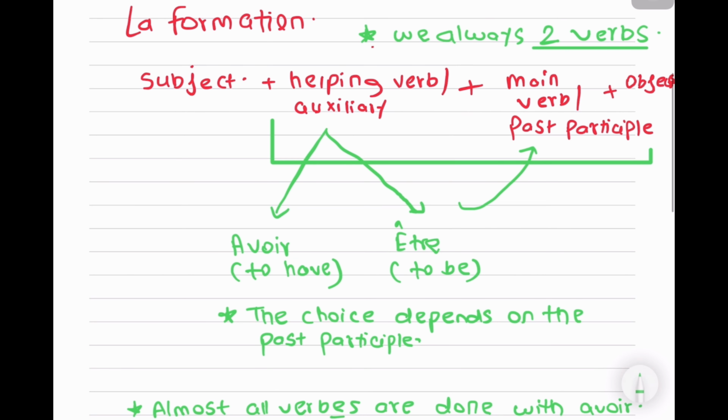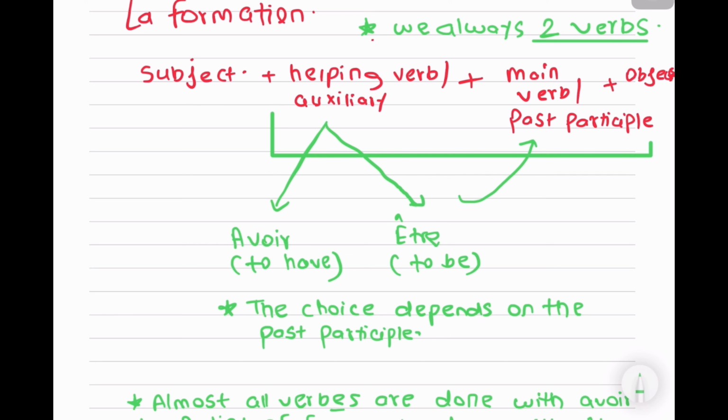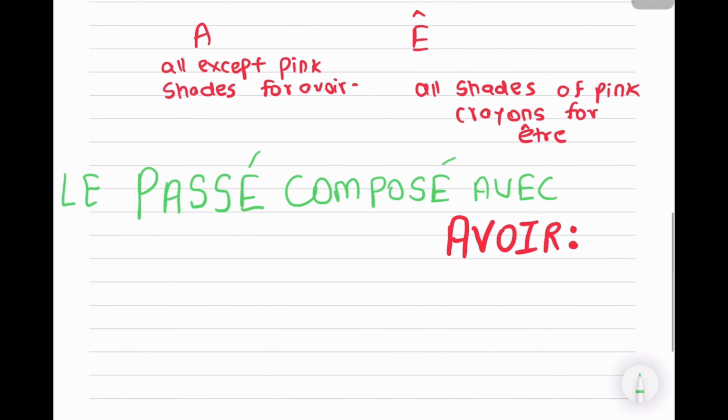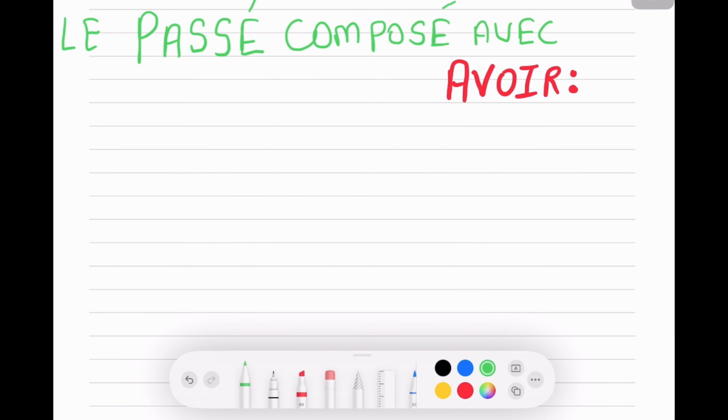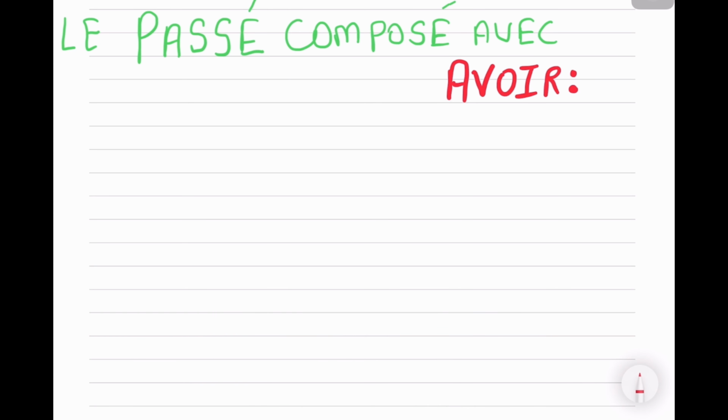So I told you there are two types of passé composé, one you can do with avoir and one you can do with être. Right now we're focusing on passé composé avec avoir, that is how do we do past tense with avoir. One thing needs to be clear to you is that every sentence will have two verbs.